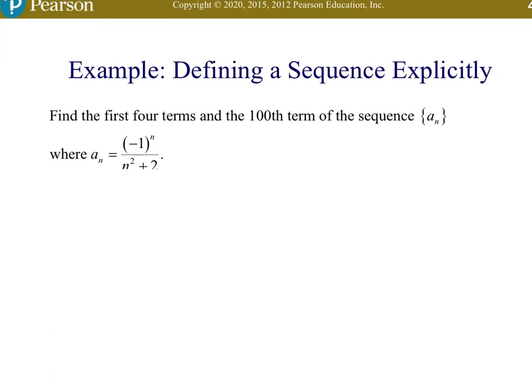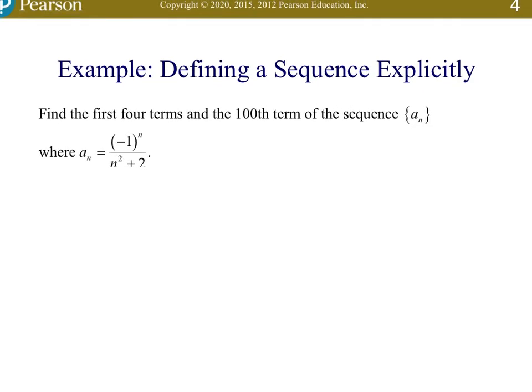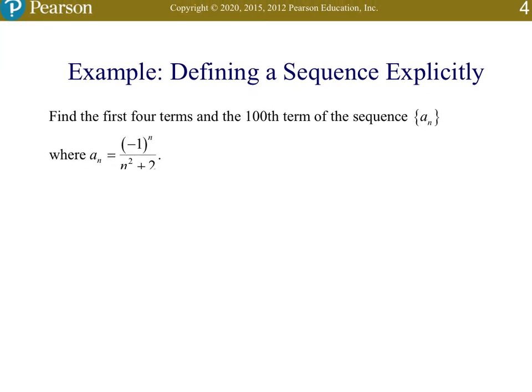So let's look at these two. Here's an explicit sequence. I can tell it's explicit because the equation has an n clearly defined in it. So if we want the first 4 terms, then we are going to have to plug in 1, 2, 3, and 4. All right, so the first 4 terms, A1, A2, A3, and A4.